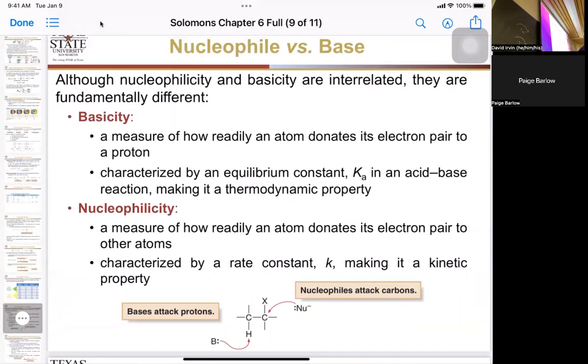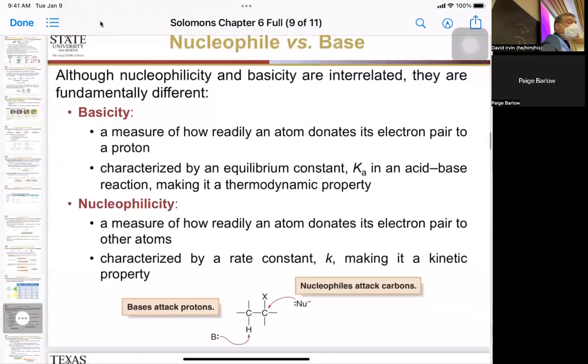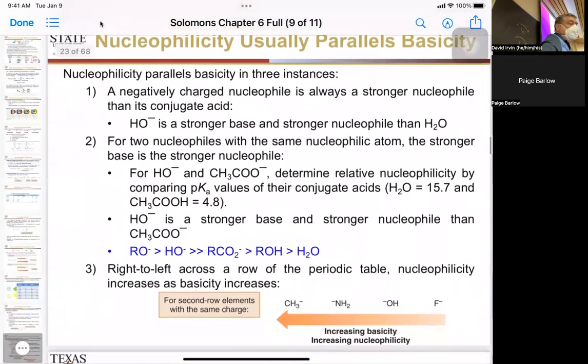In the case of nucleophilicity, it measures how fast it wants to donate its pair of electrons to form a sigma bond, which means it's characterized by a rate constant, making it kinetic. So basicity is thermodynamic, nucleophilicity is kinetic. They trend most of the time, but there are examples where that is not true, and that's what I'm going to draw attention to here.